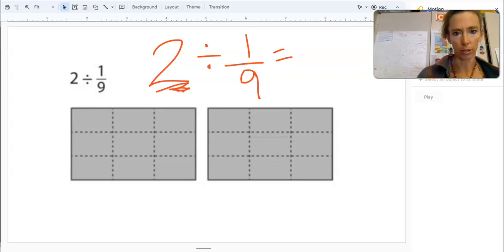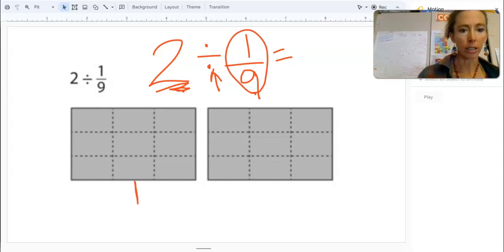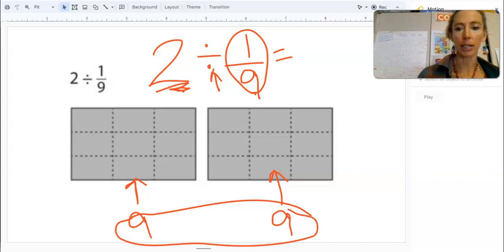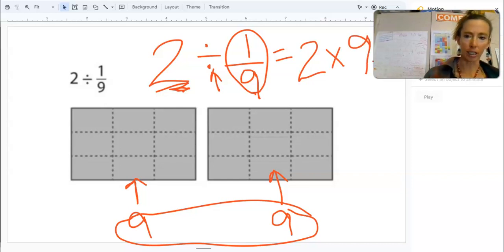There is my 2. They are being divided up into not fourths, but ninths. So in this rectangle, how many ninths do I have? I have 9 of them. In this rectangle, how many ninths do I have? I have 9 of them. So if I count them all up, that would be the same thing as doing 2 times 9, which gives me a total amount of not 16, but 18.